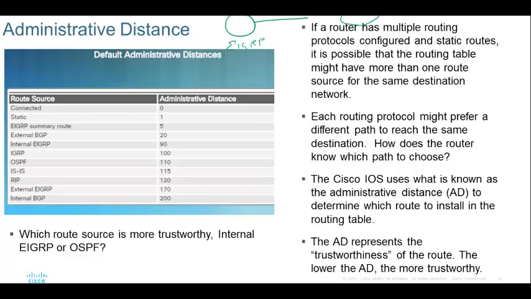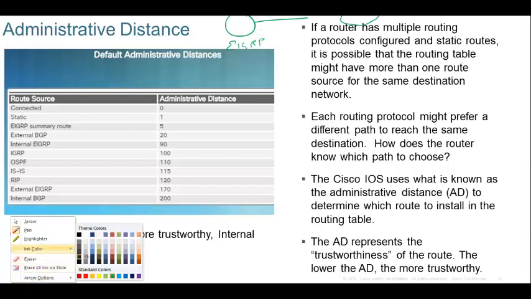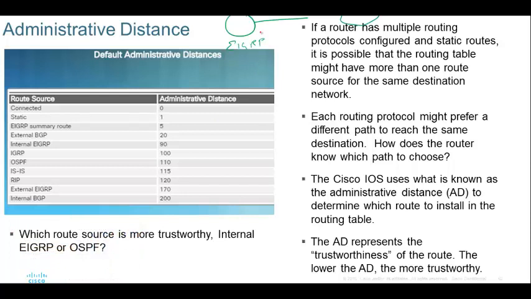OSPF is saying go via the blue line. Where? To go to this network, A dot, B dot, C dot, D. EIGRP in this router says go via the red line. OSPF in the router says go via the green line. Tell me which line the packet will be forwarded.